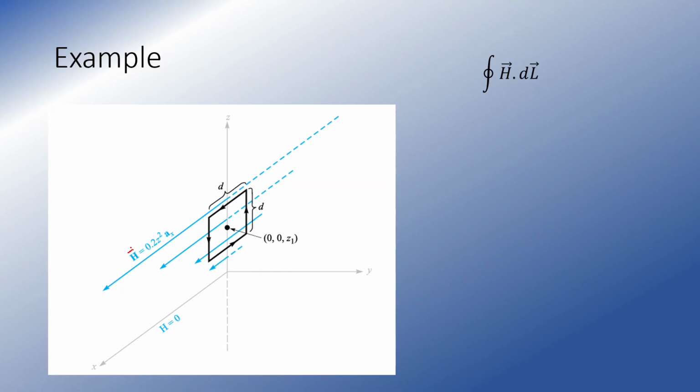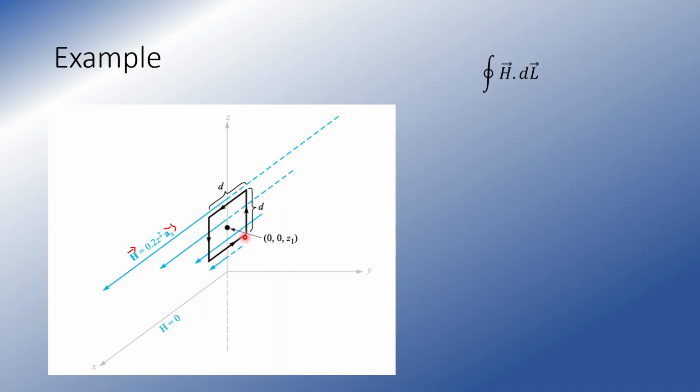So this is vector H, which is 0.2 z square ax, and everywhere else this vector is 0. Only in the x direction it is 0.2 z square ax, in all other directions the magnetic field intensity is 0.